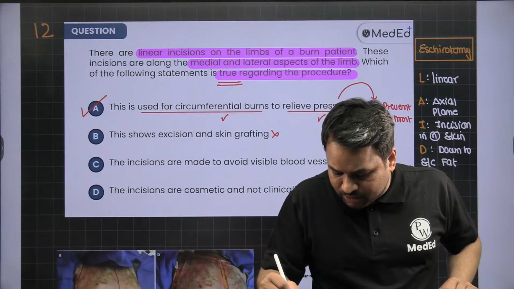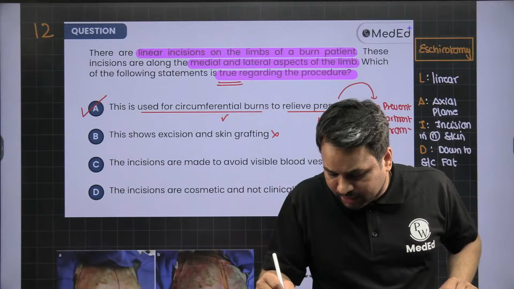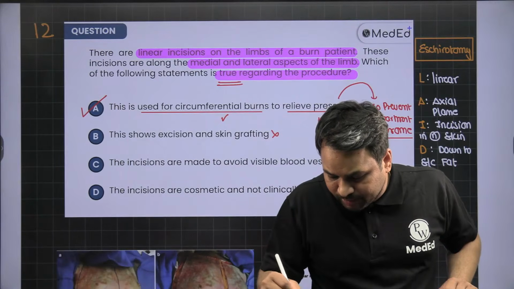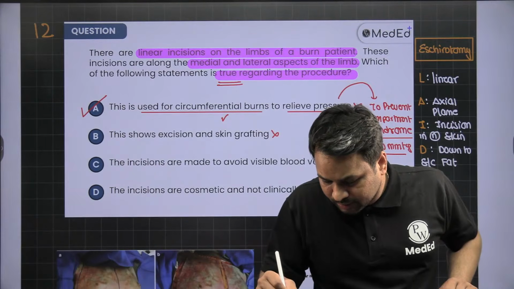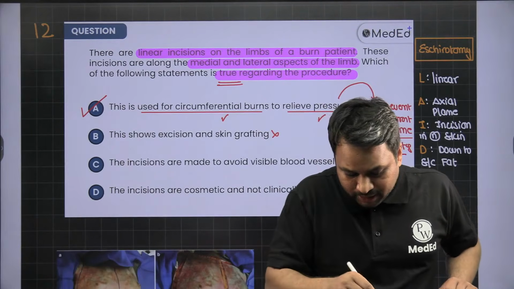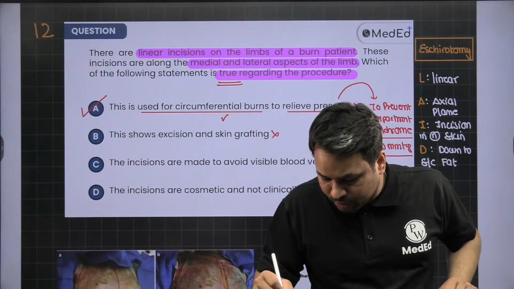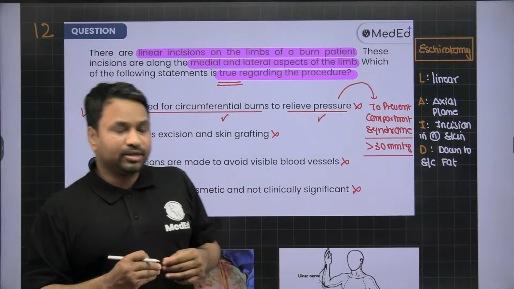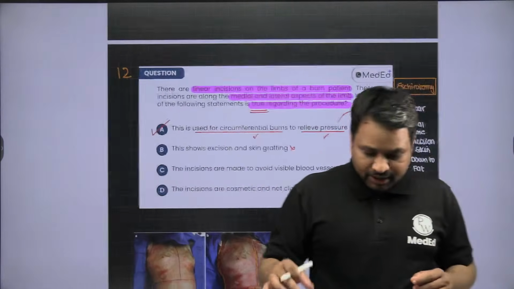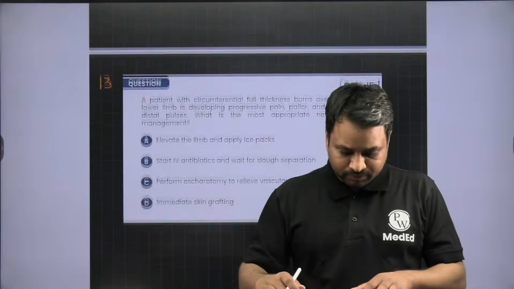I hope everybody knows the pressure required for compartment syndrome. It should be more than 30 millimeters of mercury. So the answer here is going to be A for Ahmedabad.